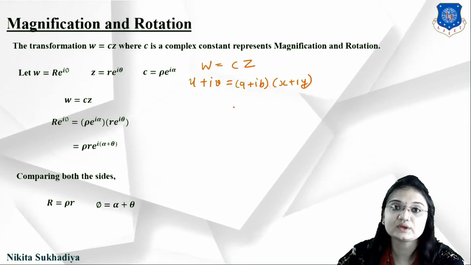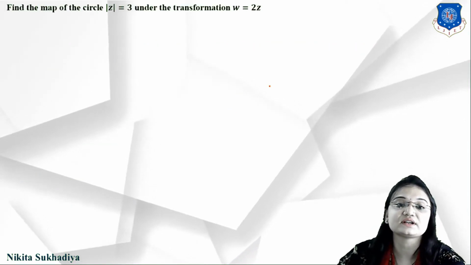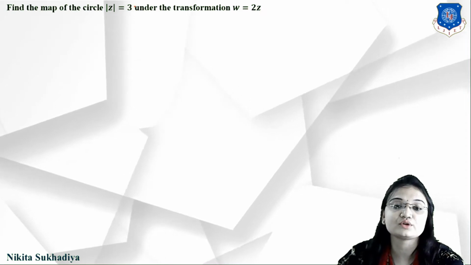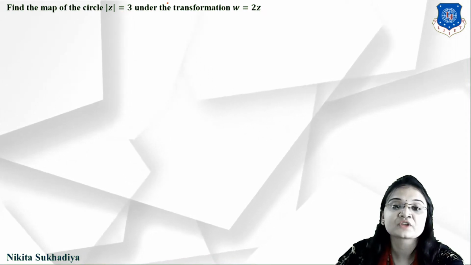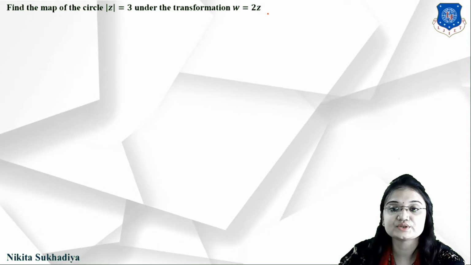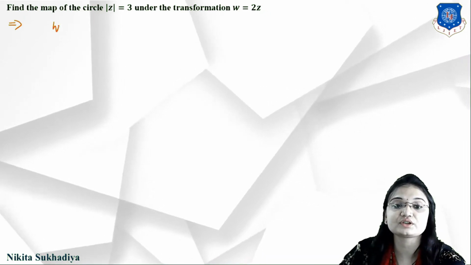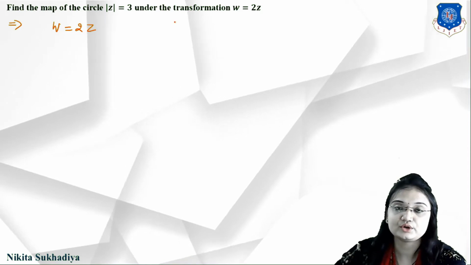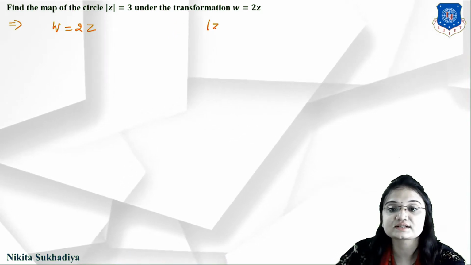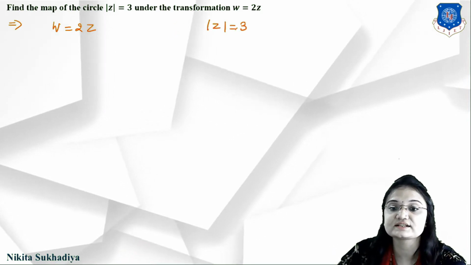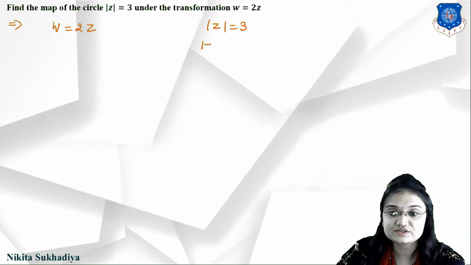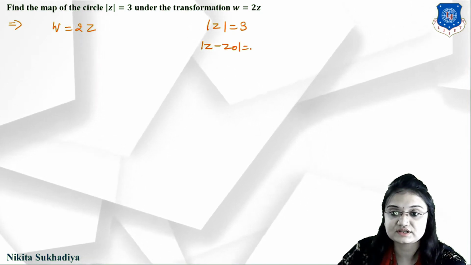Let us understand with an example: find the map of the circle modulus of z is equal to 3 under the transformation W is equal to 2z. Here the given transformation is W is equal to 2z, and C is the circle with modulus of z is equal to 3. Compare this with modulus of z minus z0 is equal to r.